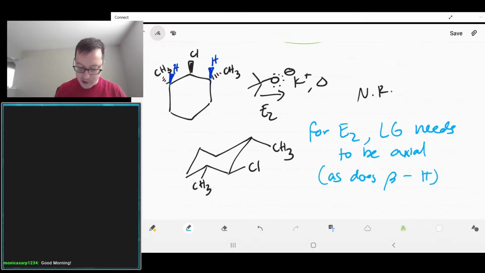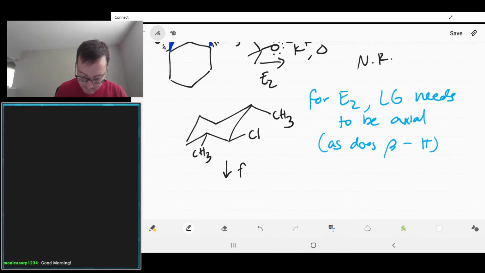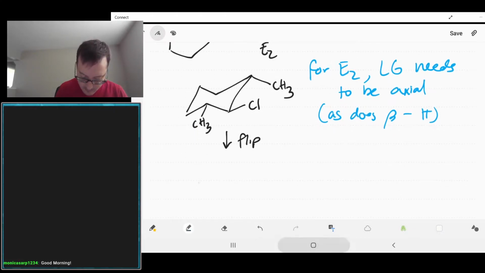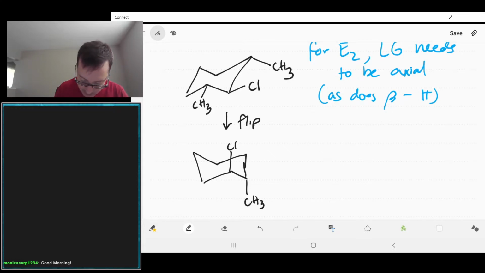So if we do a chair flip on this to the less likely form, we now have our methyl group, no, our chlorine is pointing up, and our methyl group is pointing down.